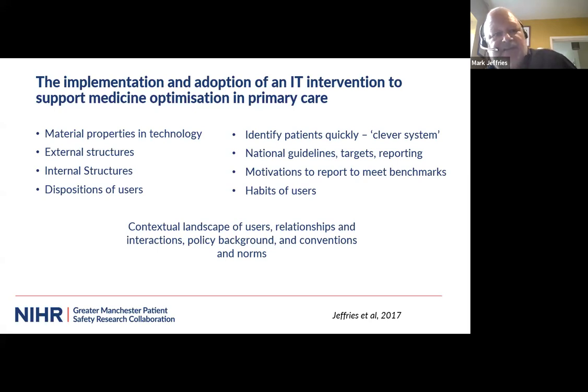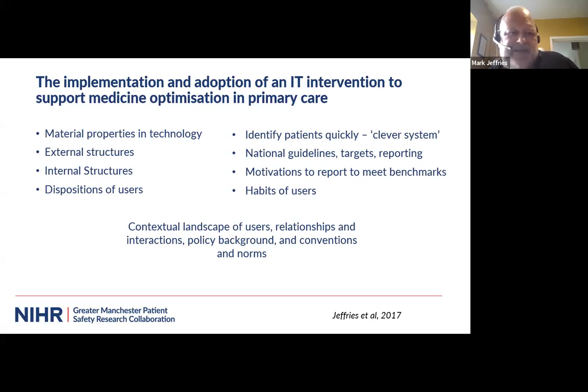There were external structures that were impacting upon whether people used that: national guidelines and targets, things to report back on. The internal structures were often the motivations of people to meet certain benchmarks, but there was also a lot of stuff coming out from the CCG, and there were different users within that. And the dispositions of those users, the habits of the users. So pharmacists use it differently to GPs.